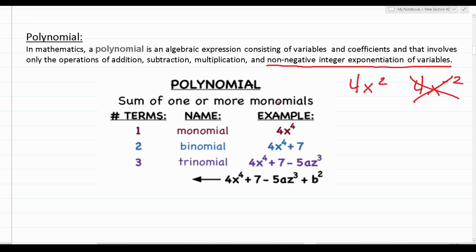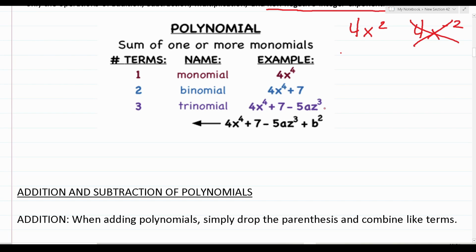All right, that said, polynomials have different classifications. And let's take a look at that because I think a lot of people get these confused even though they're pretty simple. A polynomial that only has one term, such as 4x to the fourth, is what's referred to as a monomial.